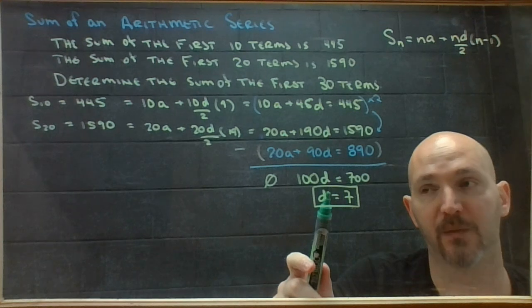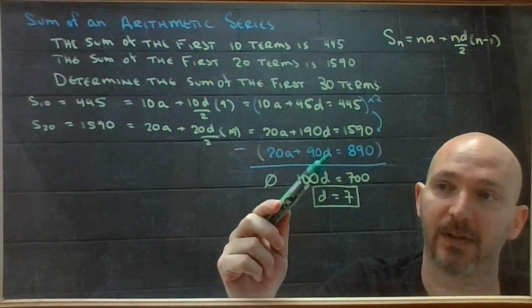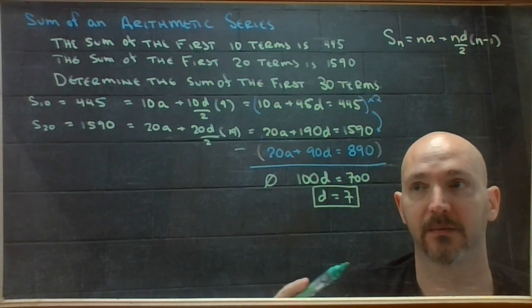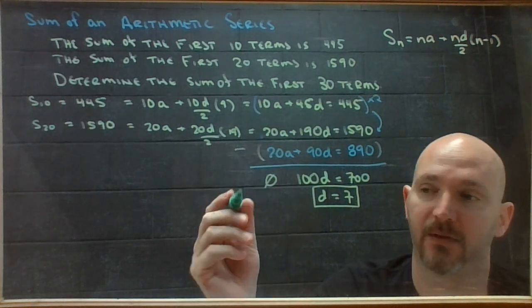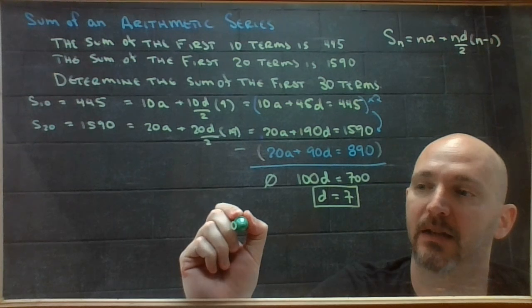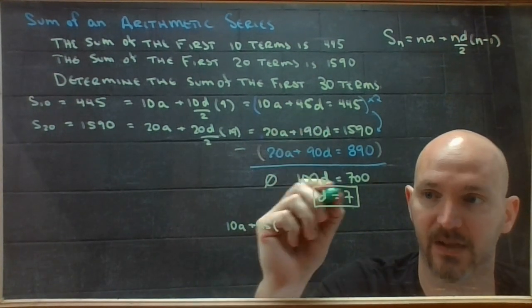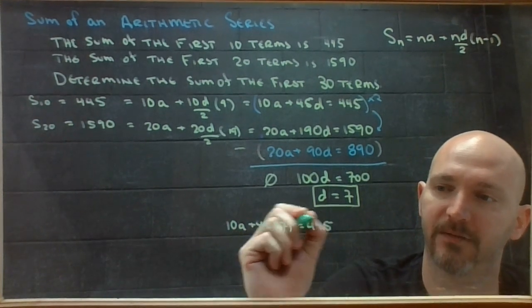Once I have a value for D, I can get a value for A by putting this number either here, or here, or here. Any place you like. I'm going to go with this top one, just for no apparent reason. So 10A plus 45D, which is 7, equals 445.